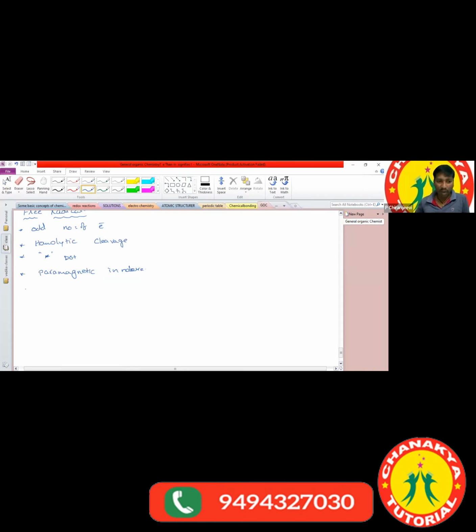Next, carbocation, the second reaction intermediate.